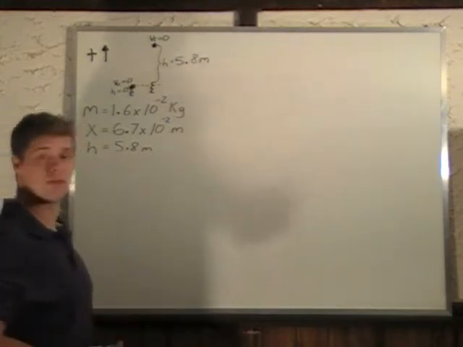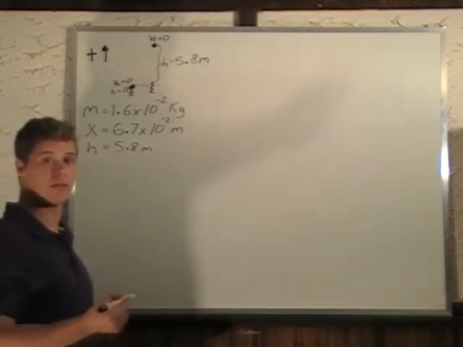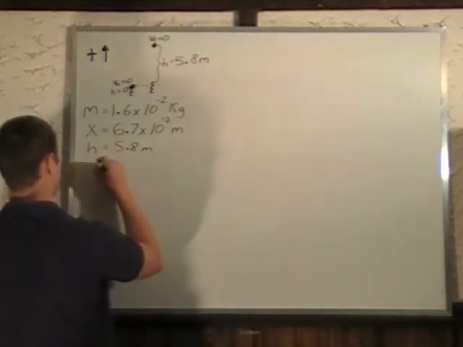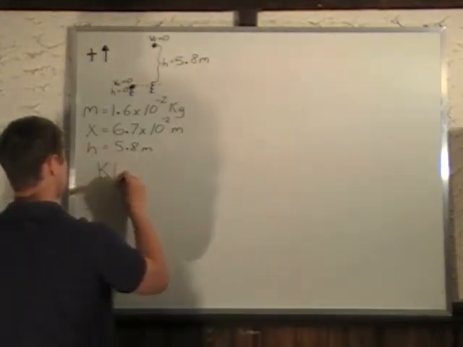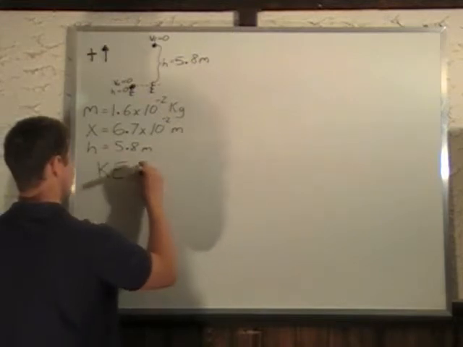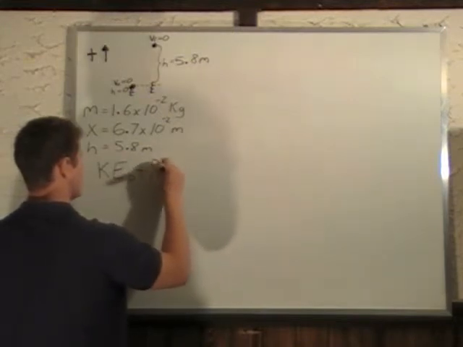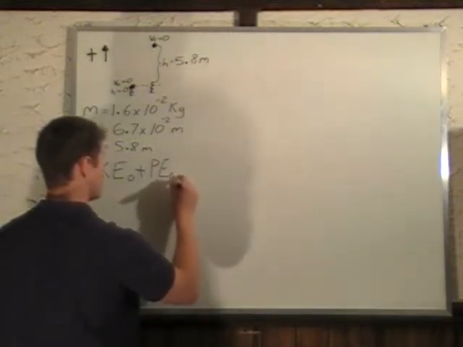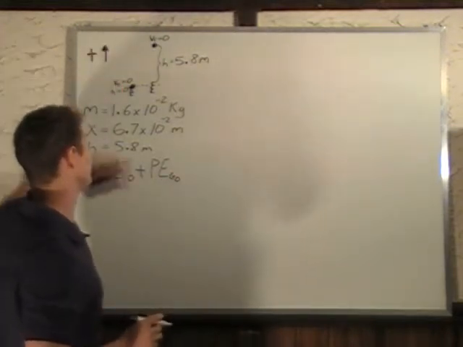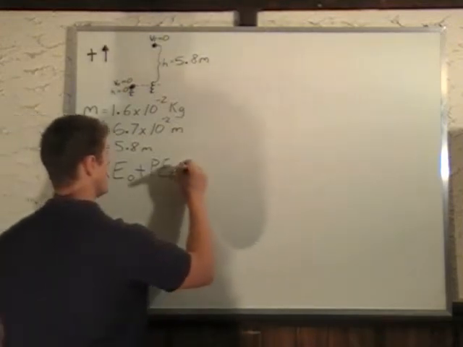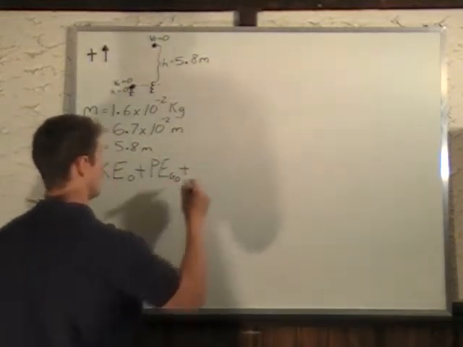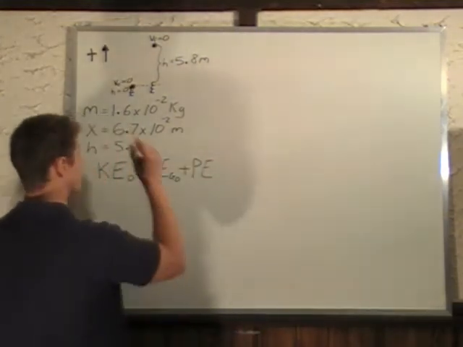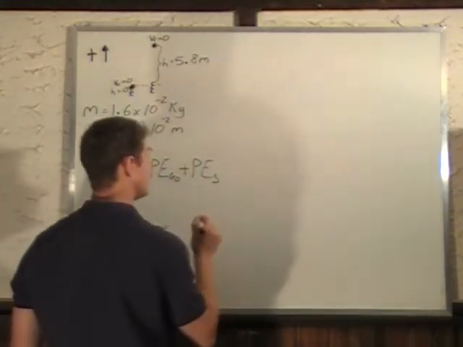And to start off, I'll just make the equation for conservation of energy. So we have kinetic energy initial, plus potential energy from gravity initial, that's your height of the ball bearing, so your gravitational potential energy, plus our potential energy of the spring, our elastic potential energy.